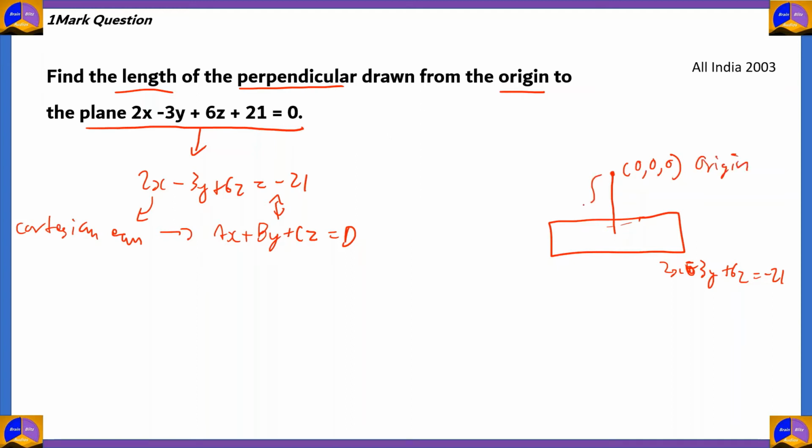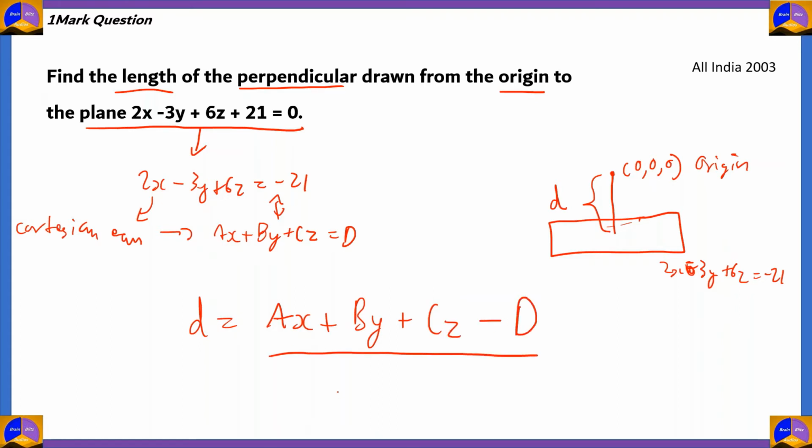So now we need to find this distance d. The perpendicular distance between a point and a plane is given by the formula modulus of (ax + by + cz - d) divided by the root of (a squared + b squared + c squared).